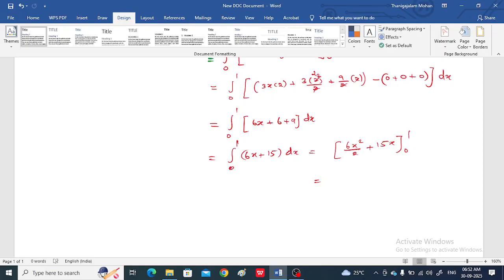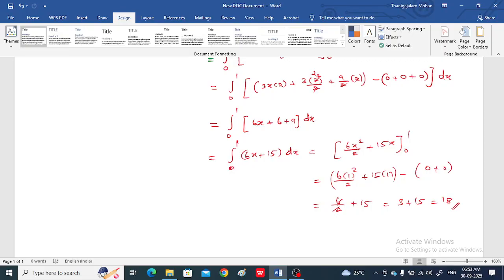What will you get? 6 into 1 square divided by 2, its upper limit, plus 15 into 1, minus 0 plus 0. 6 by 2 plus 15, it will be 3 plus 15, which is 18.